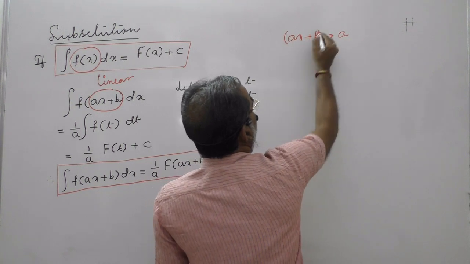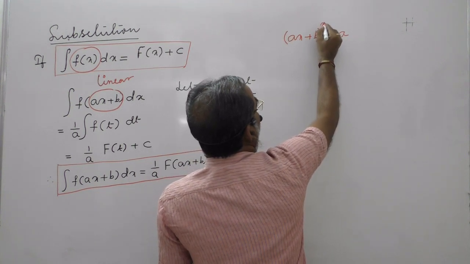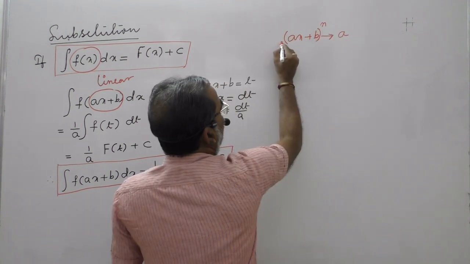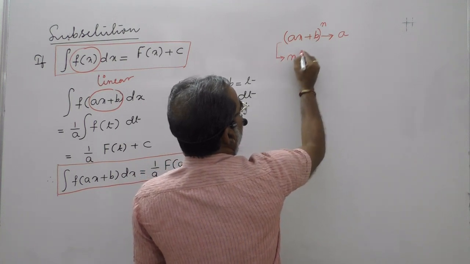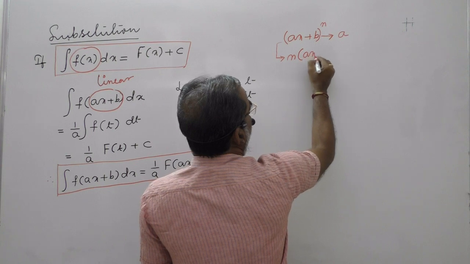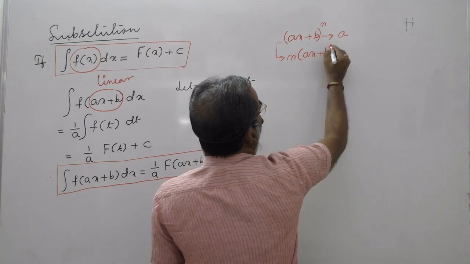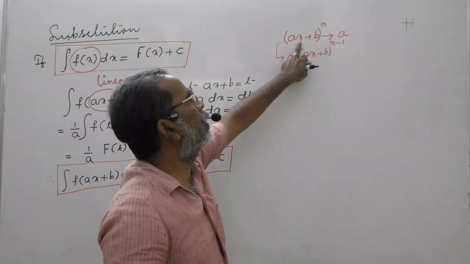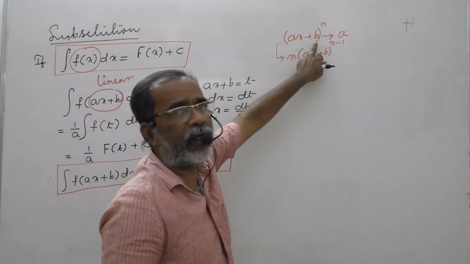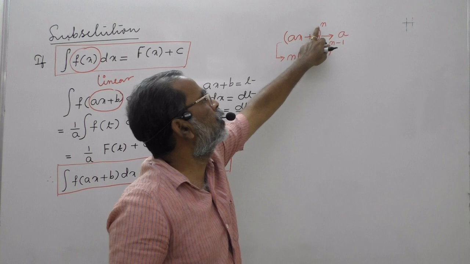If you have ax plus b whole power n, a composite function, what will be its derivative? N into ax plus b whole power n minus 1. That is, I have supposed this as x and applied x power n.